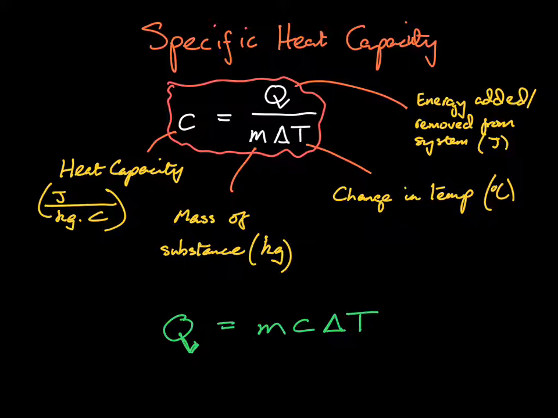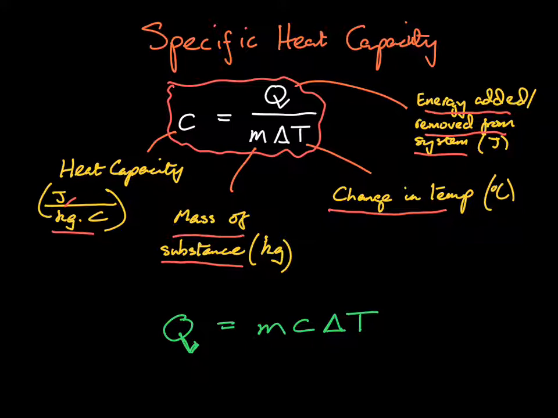So it's a relationship between the energy added or removed from a system in joules for 1 kilogram of substance, and it is the energy required to heat 1 kilogram of substance by 1 degree Celsius. And so specific heat capacity takes on the units of joules per kilogram per Celsius.